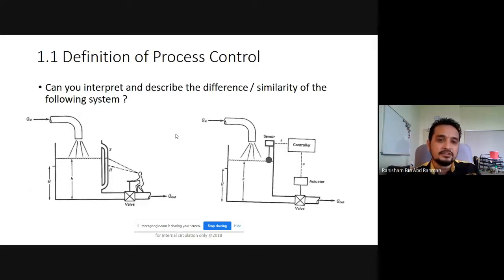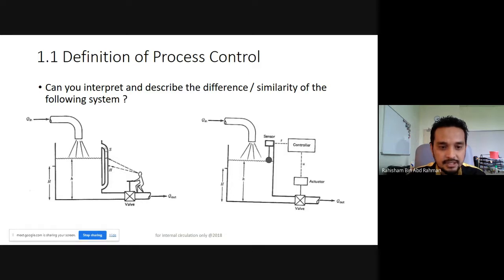Okay, definition of process control. Can you interpret and describe the difference or similarity of the following systems? Have a look at this illustration on the left and the right side. They are almost identical. I would say they are the same problem, which is a water level. We'll just take it as water level, or you can make it oil in a vessel, that is also okay.